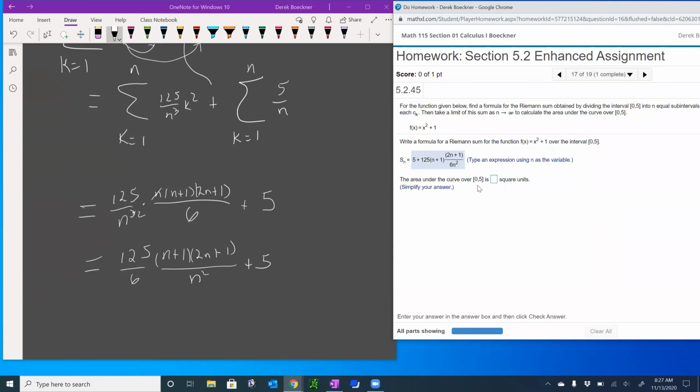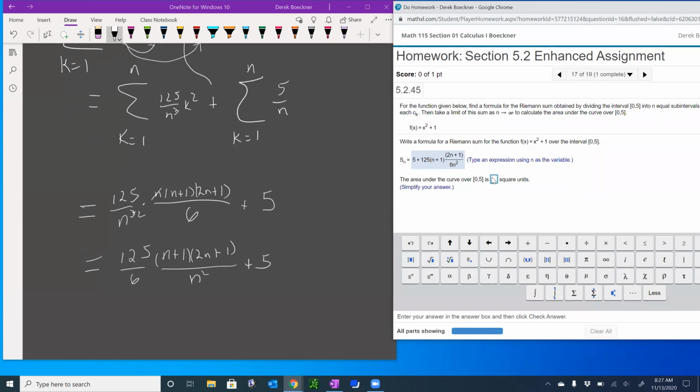Okay, so as n goes to infinity, what happens? Well, the n plus 1 times the 2n plus 1 over n squared, that's a quadratic over a quadratic, so that's going to go to the leading term, so that's going to go to 2. So you're going to get 250 over 6 plus 5.